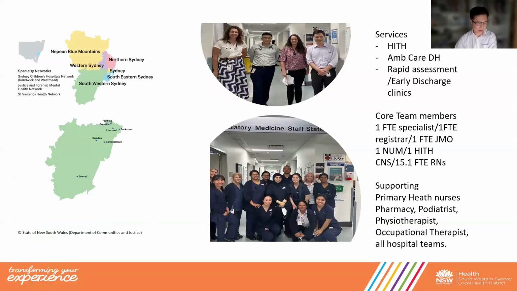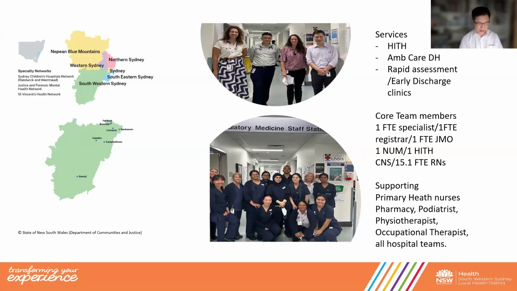I come from Bankstown Hospital, which is located in the southwest of Sydney, Australia. We service a catchment area of around 200,000 people. We are a hybrid unit comprising hospital and home, ambulatory care, day hospital, and acute clinics. The core team members are one full-time staff specialist shared by 2 people, a registrar, a JMO, a nursing unit manager, 1 HITH coordinator, and 15 RNs.